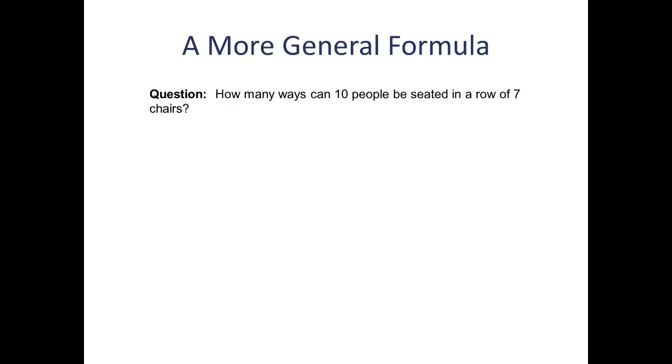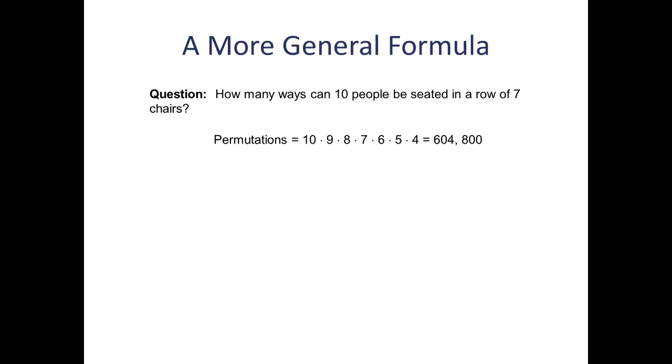The number of permutations is equal to 10 people that we can choose for the first chair, times 9 for the second chair, times 8 for the third chair, and so on out to 4 people left for the last chair in the row. If we multiply that out, we get 604,800 possible permutations of these people.